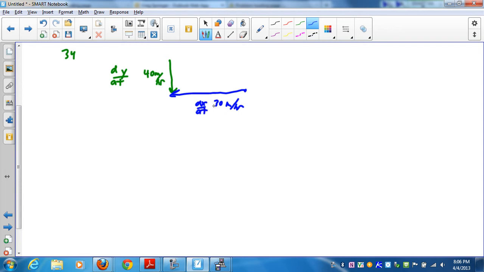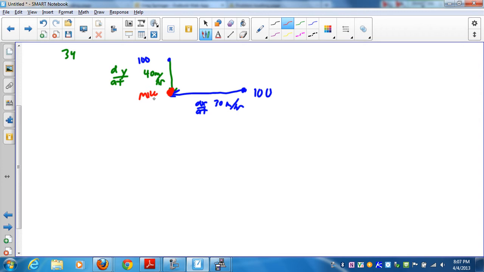And when they first started, here and here, they were 100 miles apart. So both of these are at 100, right? 100 miles away from this town right here. Right, where the two arrows came together. Let me make it red, make it real clear. So here's the town.